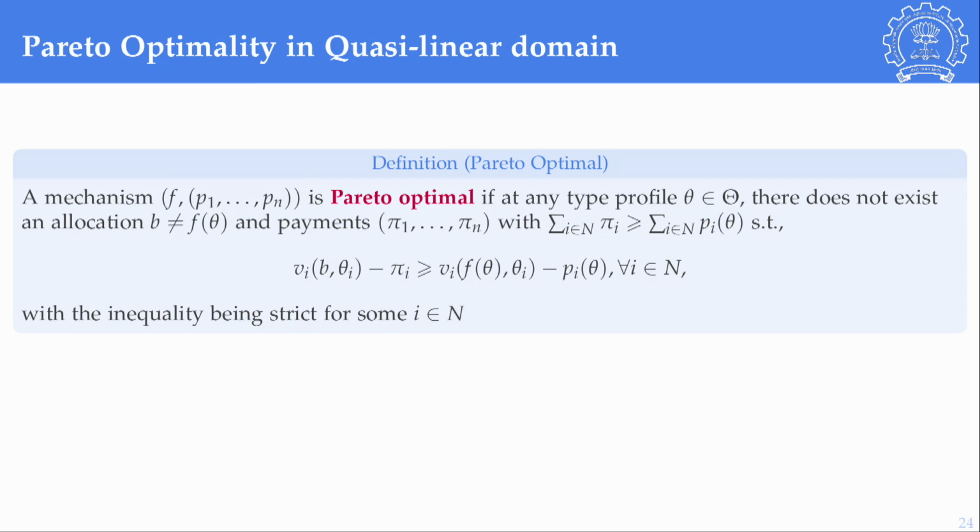So what is this mechanism saying? It is saying that I choose a specific outcome, an allocation given by this f, and I am also charging some payment functions which are also functions of theta. Now, can I find some other outcome and some other set of payments such that this inequality is getting satisfied for all of them and strict for some agent?